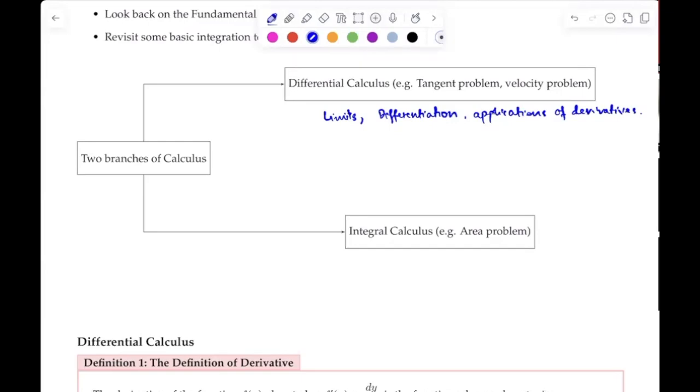So for integral calculus, you talk about the area problem. You talk about different techniques like integrations by parts, use substitutions, and integrations involving partial fraction decompositions.